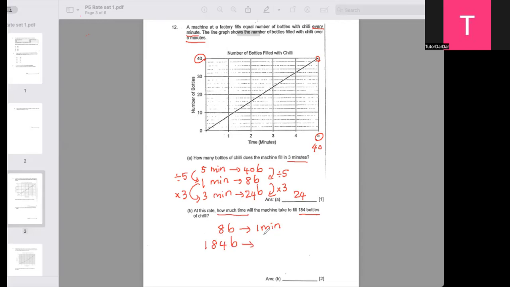Becoming more, right? So what we are going to do is 184 divided by 8, which will give you 23. So this 23 is minutes. So 23 minutes.